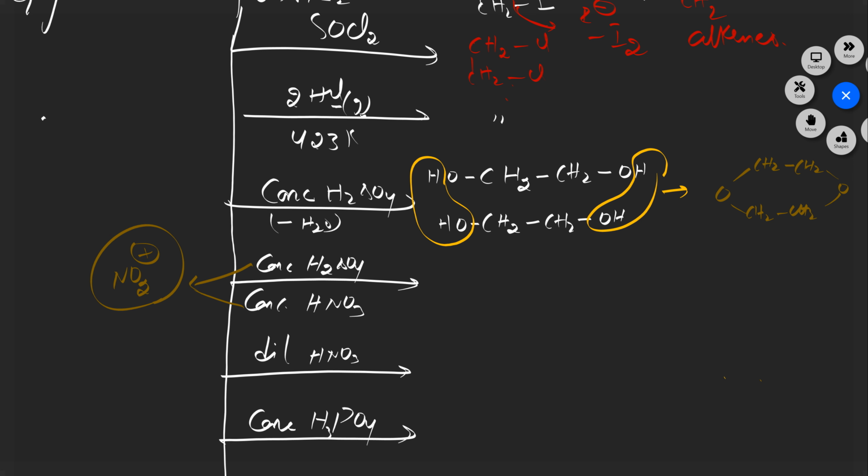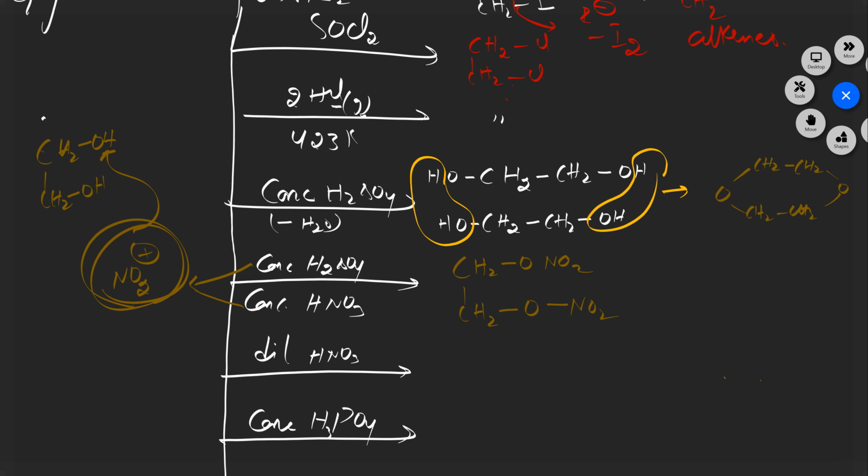Now this electrophile is going to attack glycol. The glycol molecule is CH2 OH, and this one is CH2 OH. An electrophile, a positive charge, can replace only a positive charge. So what positive charge is present in the glycol molecule? H plus. So this NO2 plus is going to replace H plus. It forms CH2O NO2, and one more CH2O NO2.